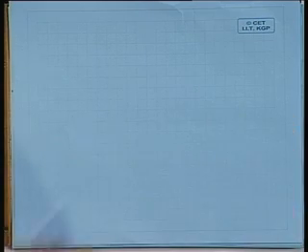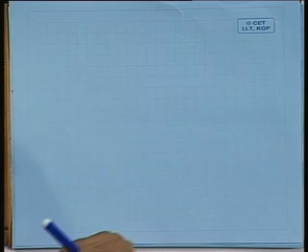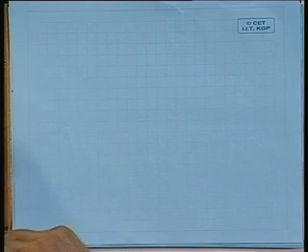The bulkhead plate thickness is known to you, the stiffener spacing is known to you, and you have been asked to find out what should be the section modulus of the stiffener when you are trying to design this particular bulkhead.